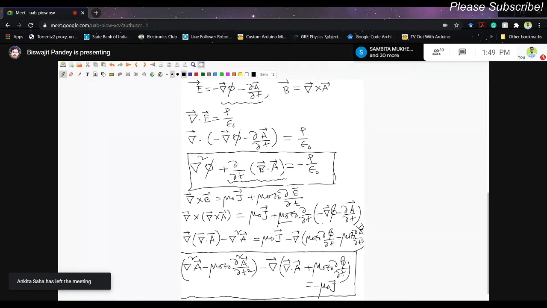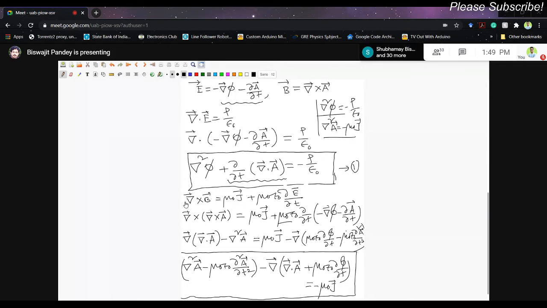In electrostatics and magnetostatics, we had del square phi equal to minus rho by epsilon naught, and del square A equal to minus mu naught J. Here we have this first equation, and this is the second one. But this equation looks quite ugly because it has a lot of terms. It's not only Laplacian of A. This term is extra, and the whole of this is extra.